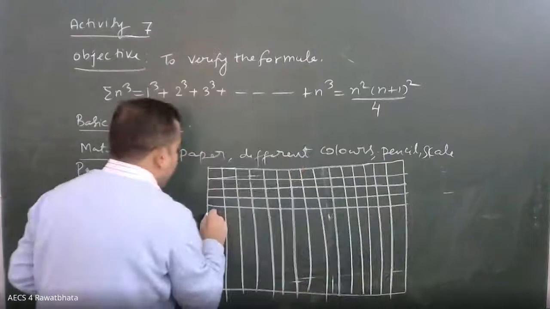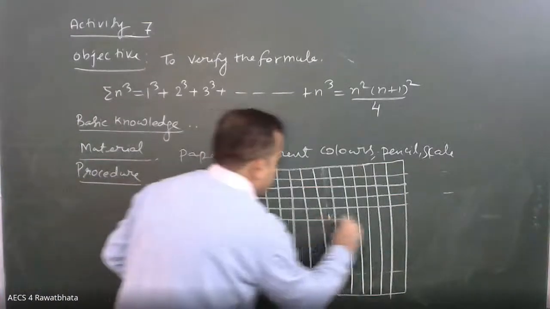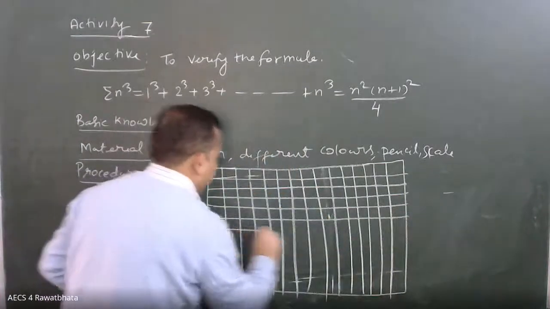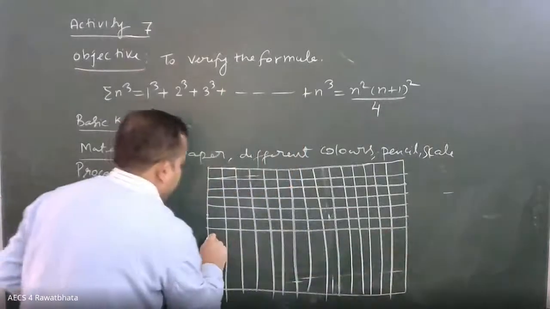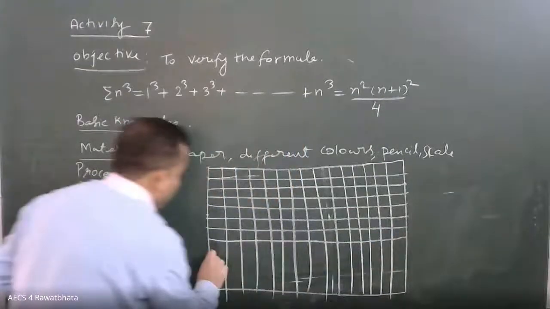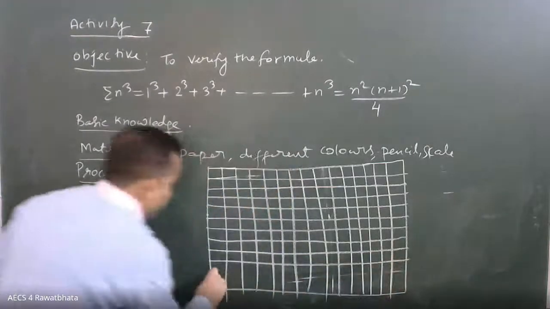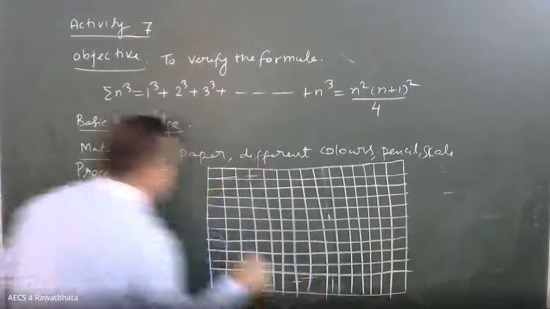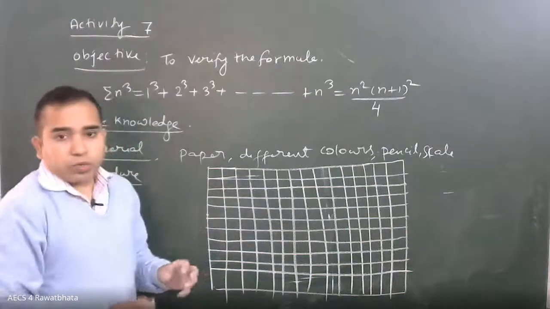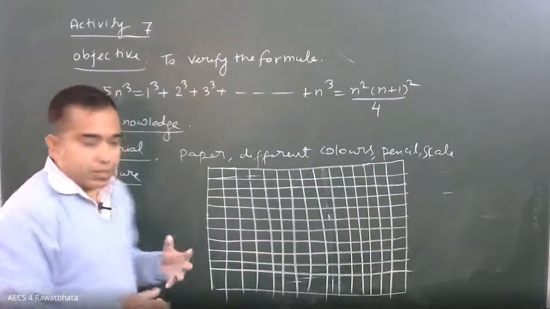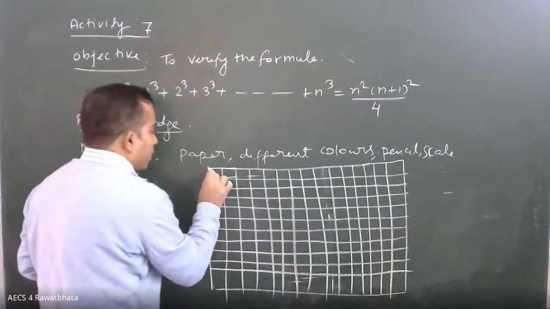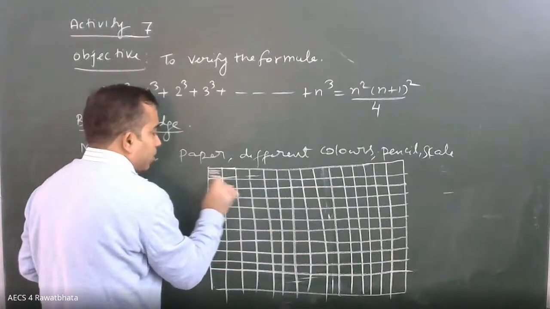And now you fill different colors in this. Right? I have given you the basic idea. I hope you have got it. Now this also we have to draw up to 15. Now what you do, you fill the colors like this: here, one colored ball, actually in the book it is written ball.